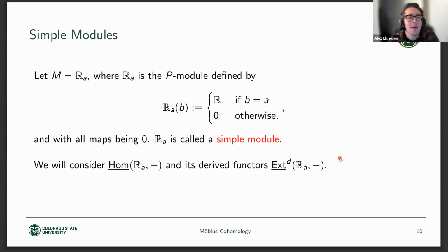Okay. So what we're going to do is kind of do this Möbius inversion at this algebraic level. We're going to look at this Ext functor for a specific class of modules, which are called the simple modules. So for a simple module, we'll say R sub A, so fix some A in your poset.